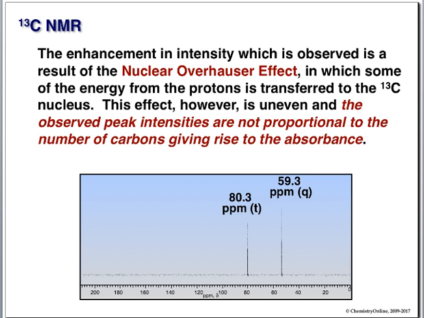Now, the nuclear Overhauser effect is not a linear effect. That means that the height of this signal, the integration, the area under it, is not necessarily proportional to the number of carbons. If we don't do decoupling, it is. But when we do decoupling, this is no longer proportional.